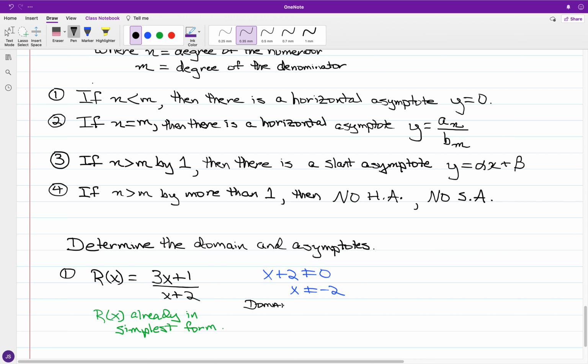For the domain, we have those values of x less than negative 2, and those values of x greater than negative 2. Again, r of x is already in simplest form, so x plus 2 does not cancel out. So the restricted value here is going to be the vertical asymptote.